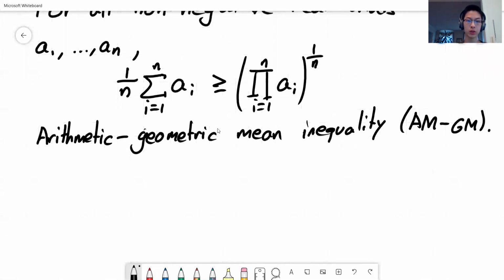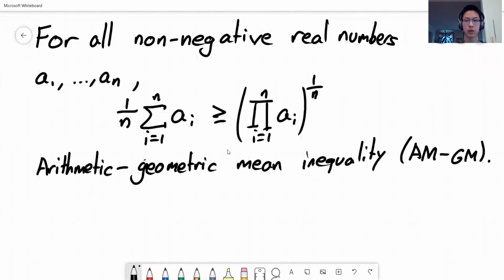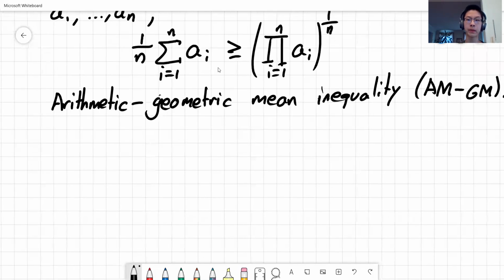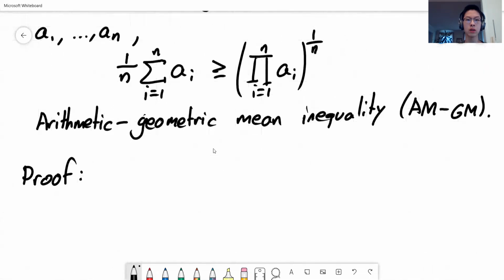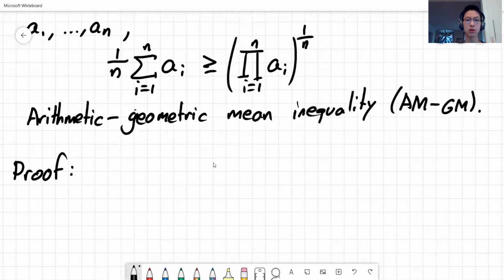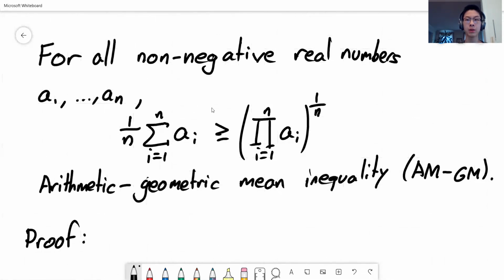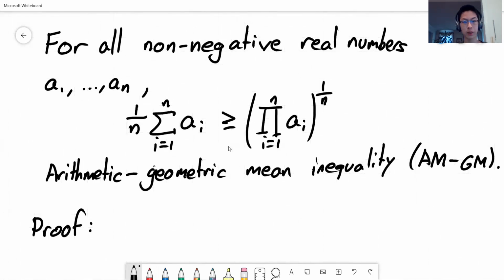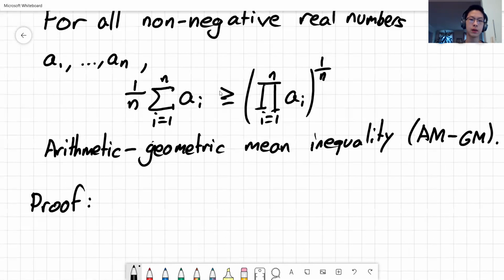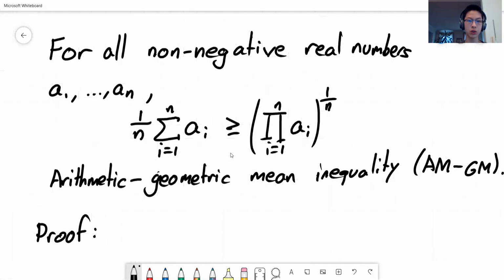And so what we're going to do is prove this by induction. Regular induction doesn't work here, well, not in the usual sense. The standard proof is something much more clever, and I think it's due to Cauchy.